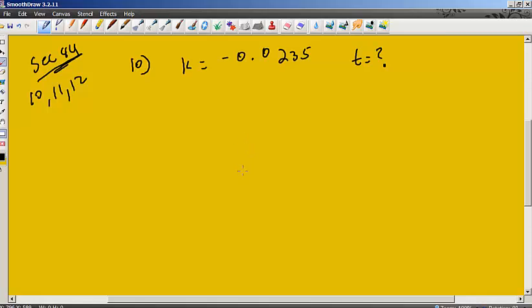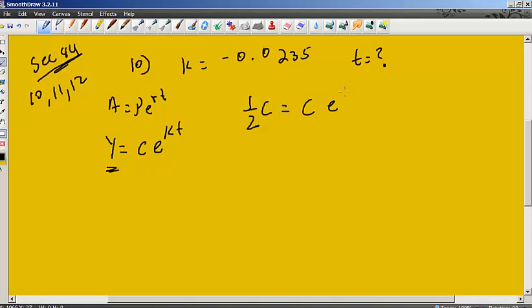In the interest problems, we use this formula, A is equal to PERT, but all the other times, the same formula just becomes Y is equal to CEKT. And then you just put in the information that you have. I know it's a half-life, so that means Y is half of what you start out with, half of C, because C is what you start out with.